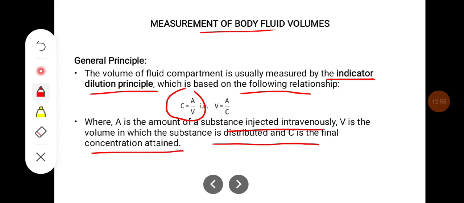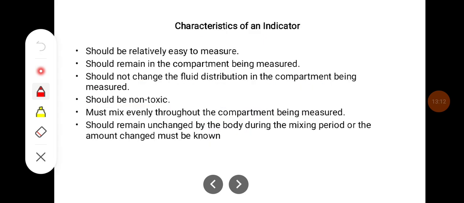If we modify this equation, the volume becomes the amount of dye divided by the concentration of that substance in that compartment. So this formula can be used for measurement of the body fluids.